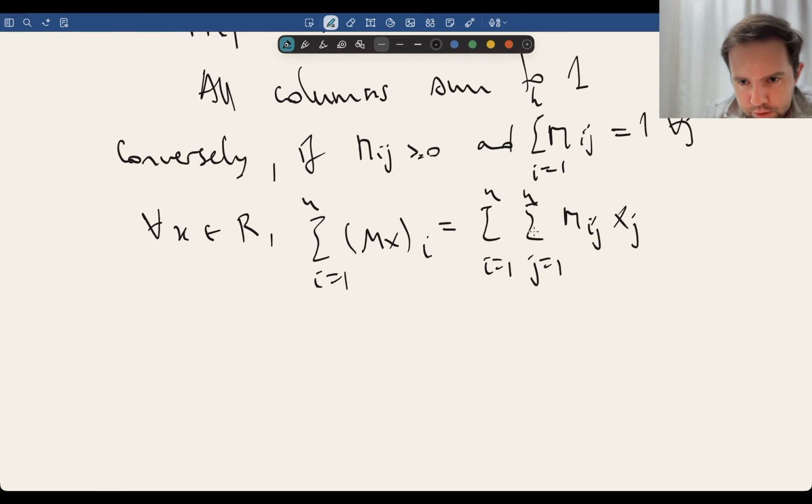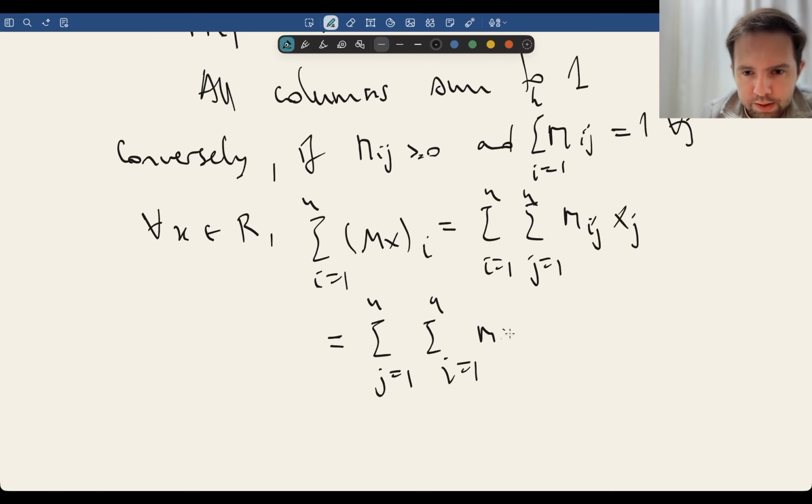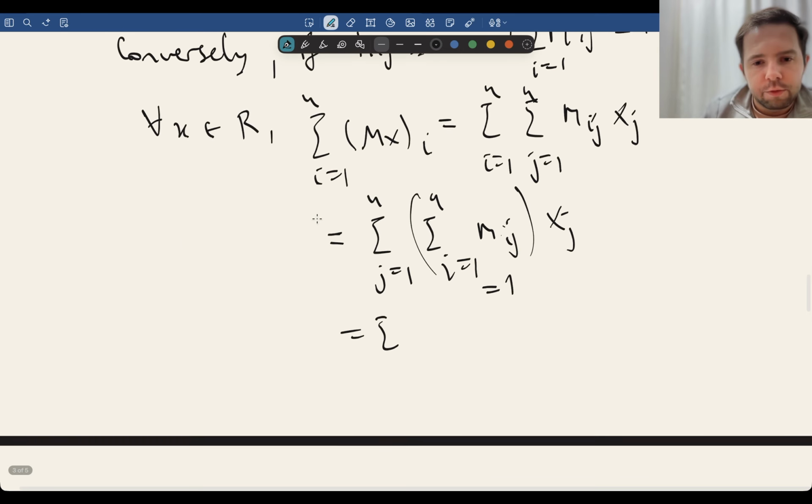we can switch these two, and we are able to sum on the columns first, so that we'll find a 1 here. So this is equal to the sum from j equals 1 to n, sum over i equals 1 to n of m_ij, but now x_j does not depend on i, and the sum is equal to 1 here. So this is equal to the sum from j equals 1 to n of x_j, which is equal to 1.